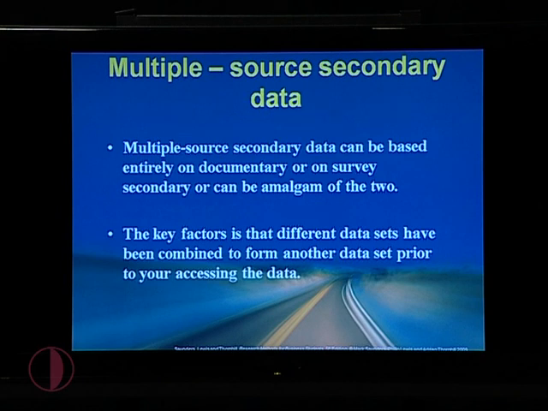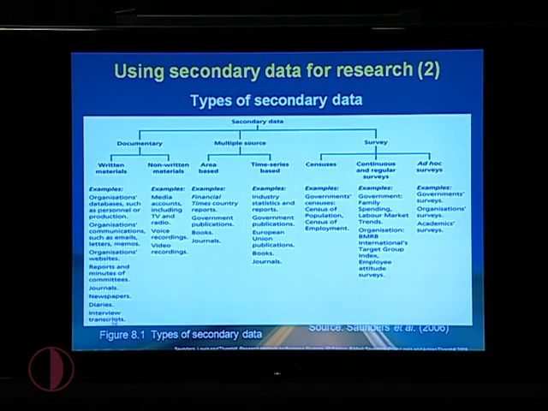Multiple source secondary data can be based entirely on documentary or on survey data, or they can be amalgamated, combined together. The key factor is that different data sets can be combined to form another data set, so you have a combination of different data that can serve your purpose and aim. There is documentary data, written, like journals and interviews.